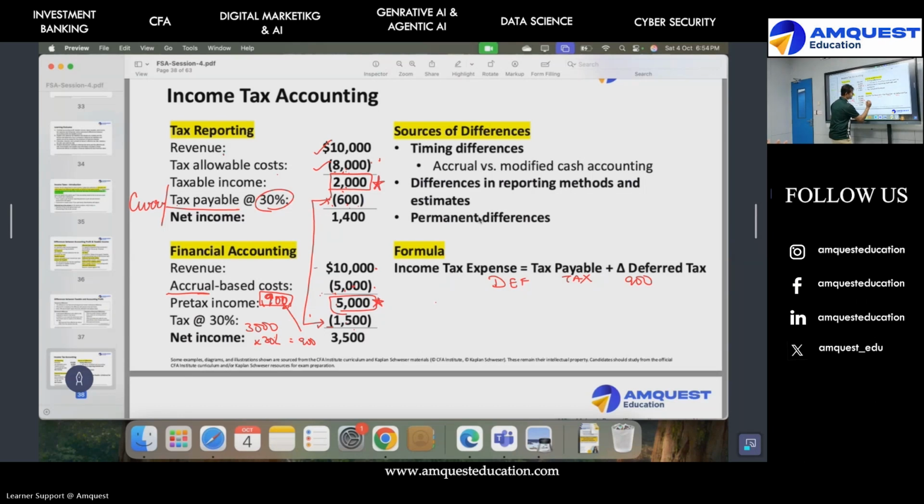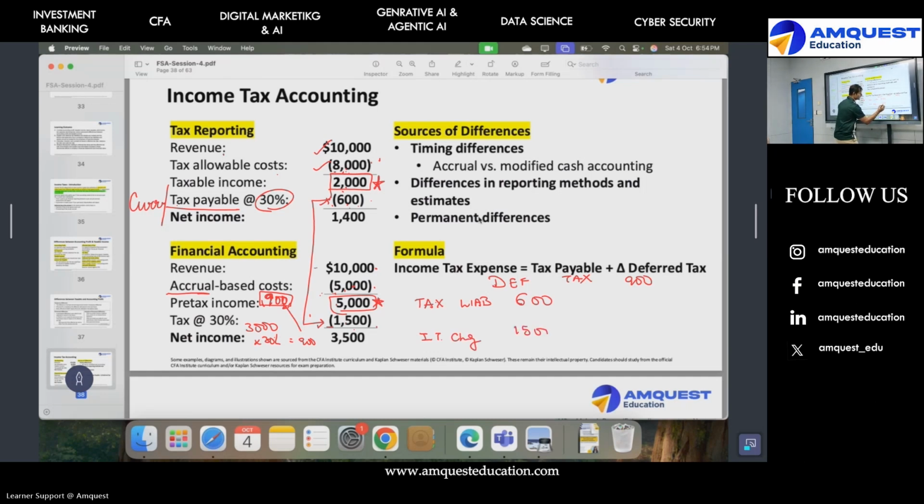What is your tax liability today? 600 or 1,500? Today it is 600. Everyone knows 600, agree? But what is your income tax charge? 1,500.